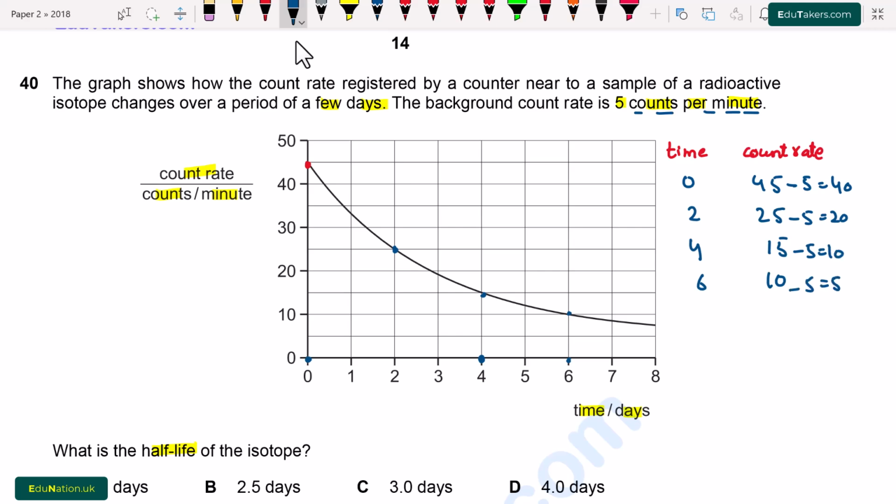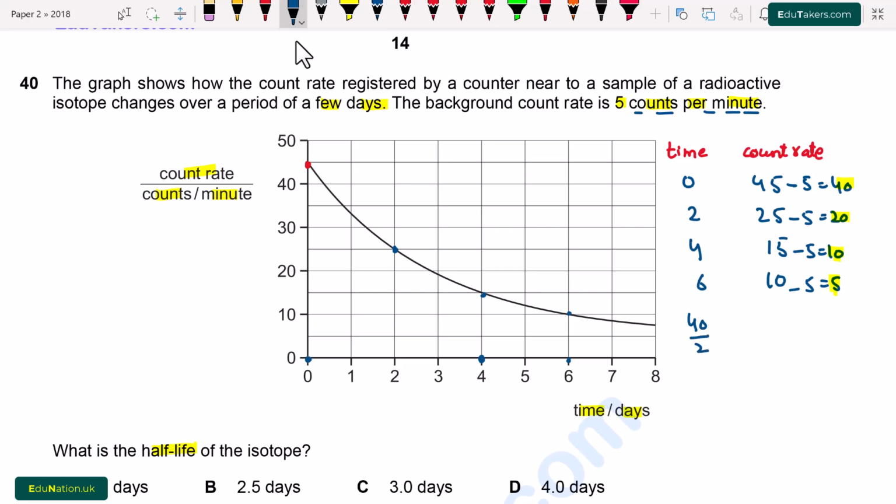We have to find out the half-life here. Half-life is the time during which the count rate becomes half. Initially the count rate is 40.